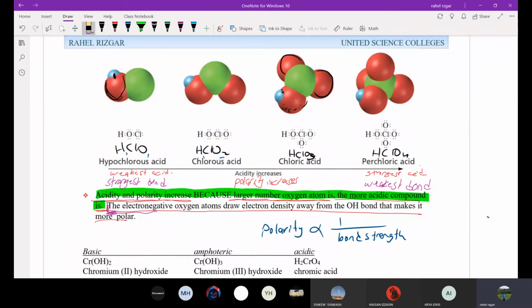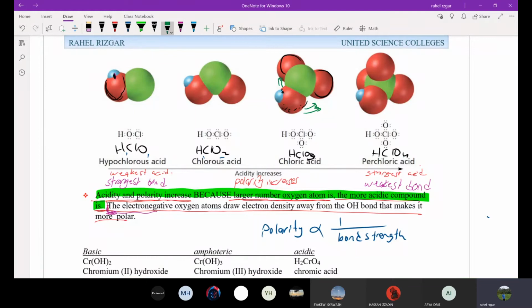They move a little bit towards the other oxygen. When they go towards the other oxygens, they get distracted, let's say. Distracted by those attractions, and then they don't attract the hydrogen as much as the other one will.